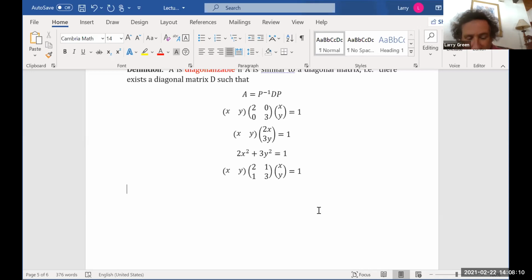Good, good. So you get 2x squared plus 2xy plus 3y squared equals 1.